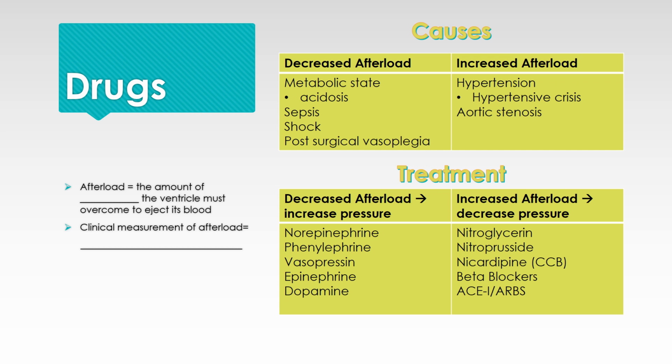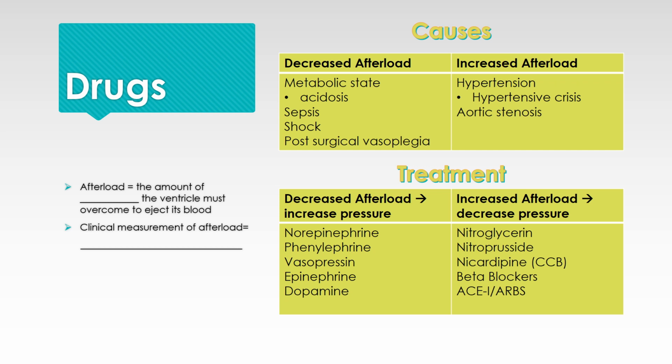And then in the cardiac surgical population, we see this after patients go on the cardiopulmonary bypass machine after surgery. They have what's called vasoplegia, where basically the vessels themselves are like paralyzed and don't squeeze anymore. So these are some common causes of a decreased afterload.